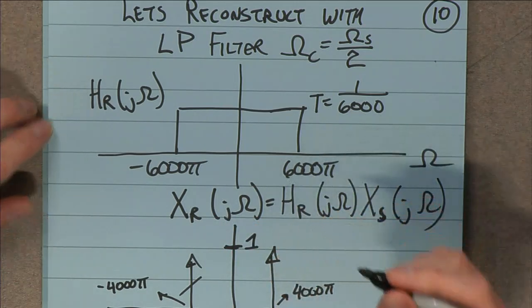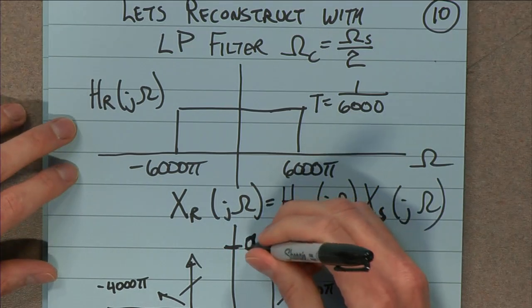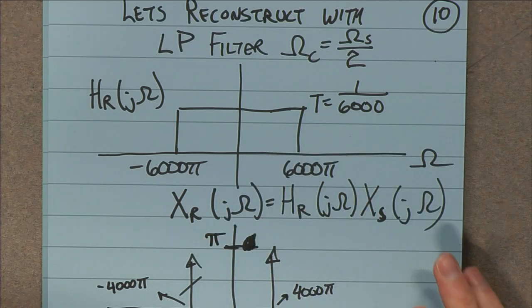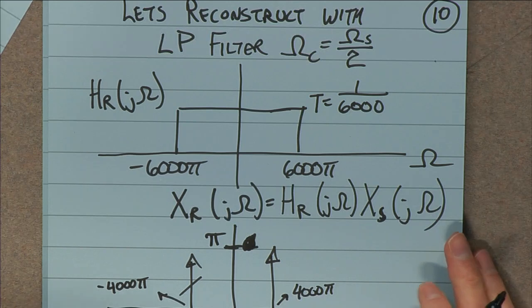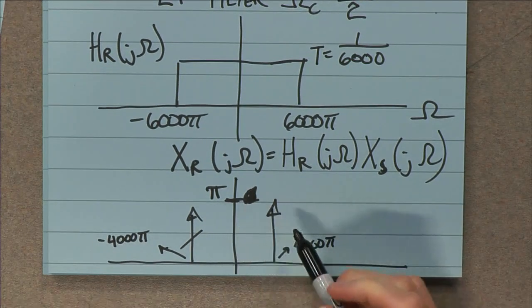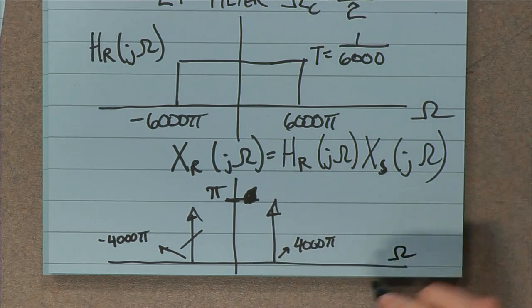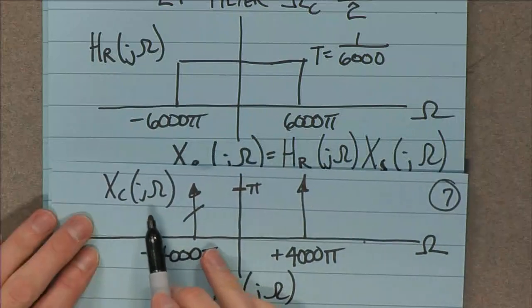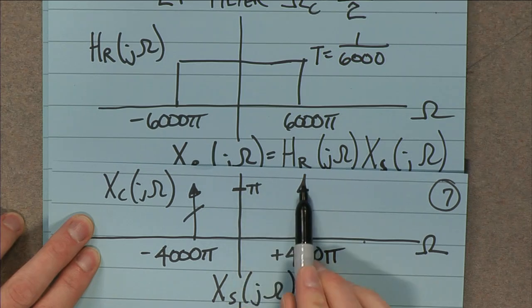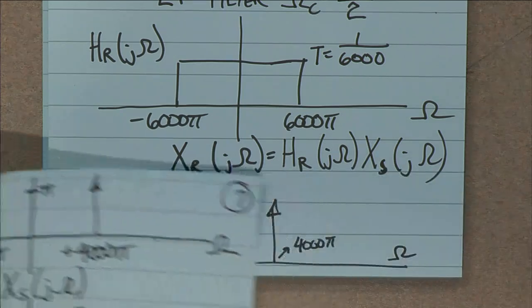Or actually, it's back to pi, because that's where we started. Let's get back to square one and move everything on screen. So this is the reconstructed version, and it looks like the original continuous time version, minus 4,000 pi, plus 4,000 pi. We've got a size of pi for these two delta functions.